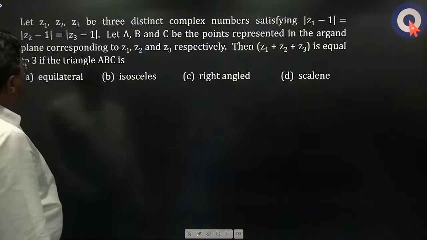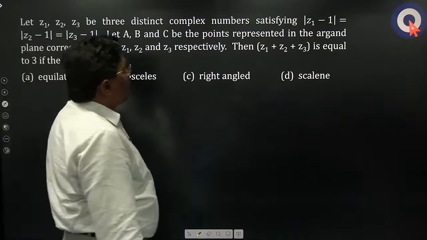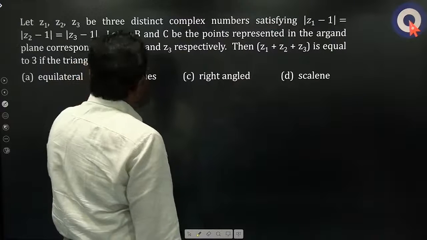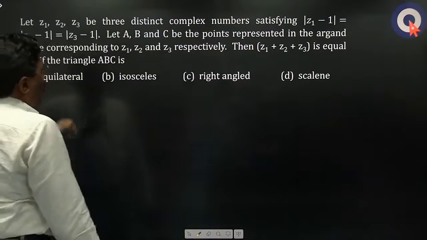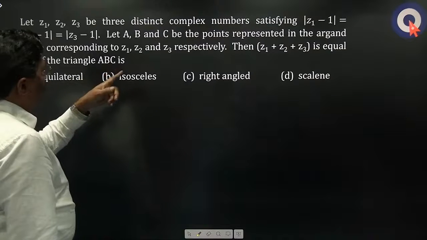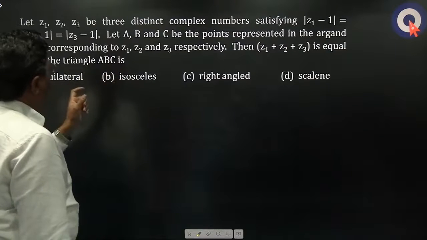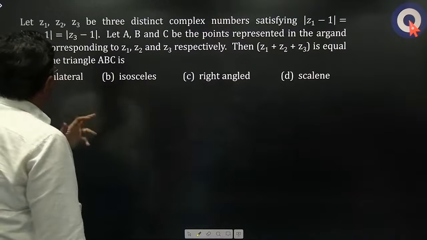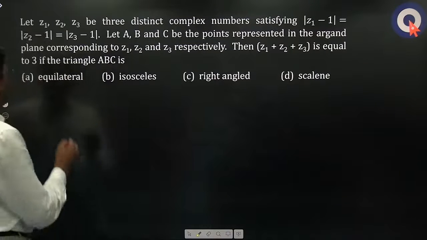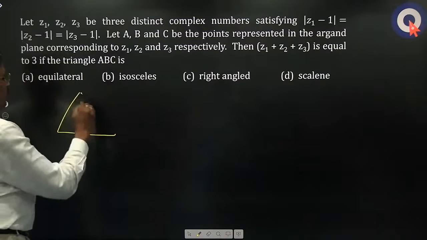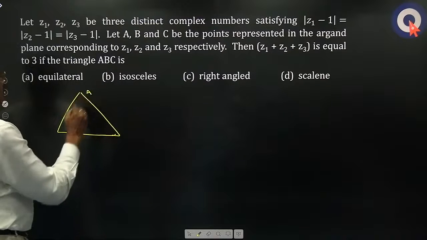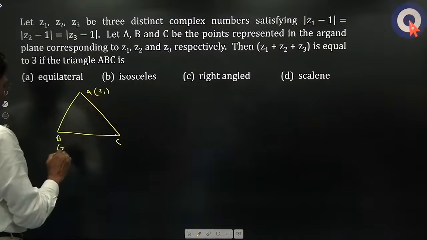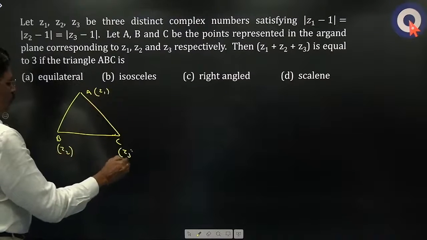Next, let Z1, Z2, Z3 be three distinct complex numbers satisfying mod Z1 minus 1 is equal to mod Z2 minus 1 is equal to mod Z3 minus 1. And let A, B and C be the points represented in the Argand plane corresponding to Z1, Z2, Z3 respectively. Then Z1 plus Z2 plus Z3 is equal to 3 if the triangle ABC is what kind of triangle? All right. So here we have a triangle ABC, if Z1, Z2, Z3 represent the vertices of this triangle.